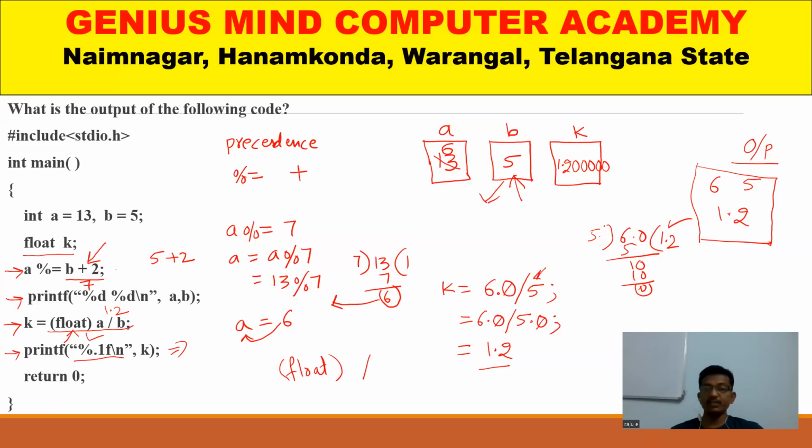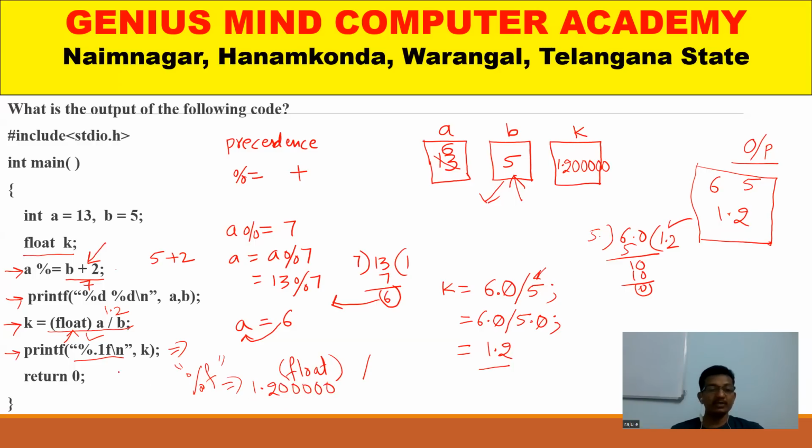And in the next printf statement, when you print the k value, it prints 1.2. Had we given just percentage f within the double quotes, then it would have been printed as 1.200000, up to 6 decimal places.